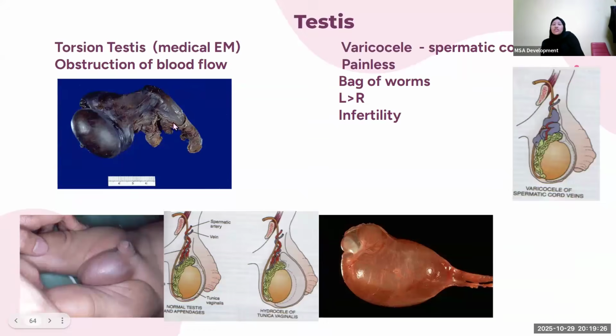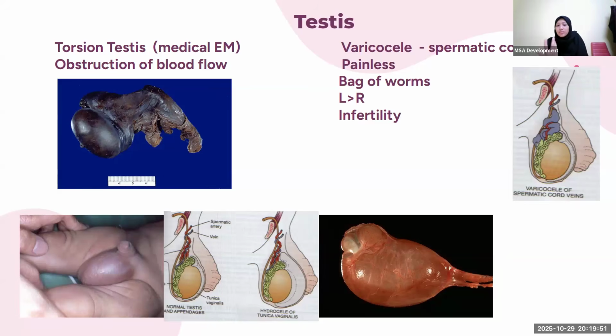That is called testicular torsion. Basically, this is where the spermatic cord can twist on itself, blocking the blood flow to the testis. So the testis is deprived of oxygen and becomes blue, and it is a very, very emergent situation where it has to be treated with surgery immediately.